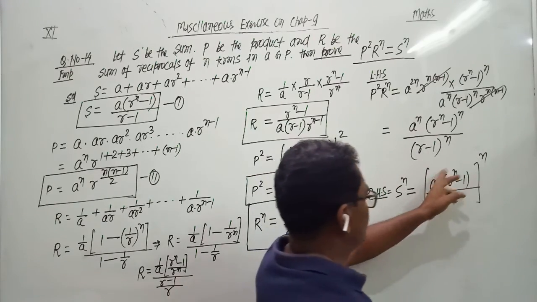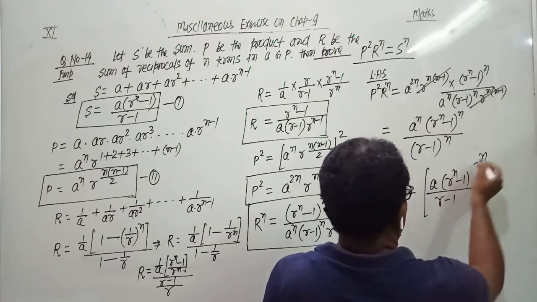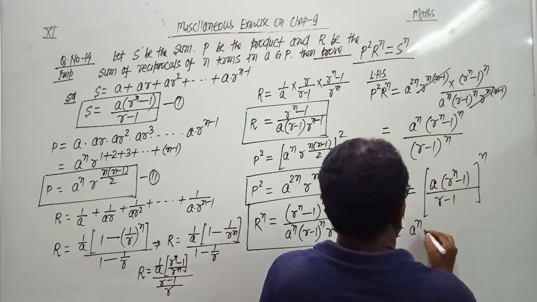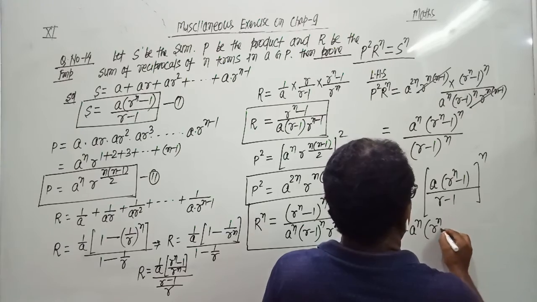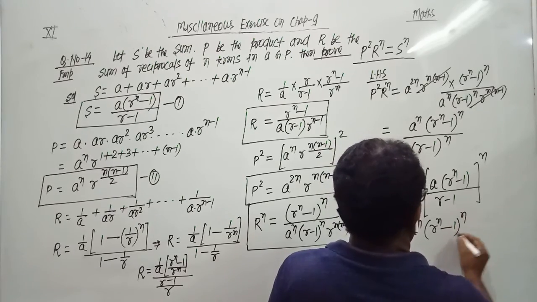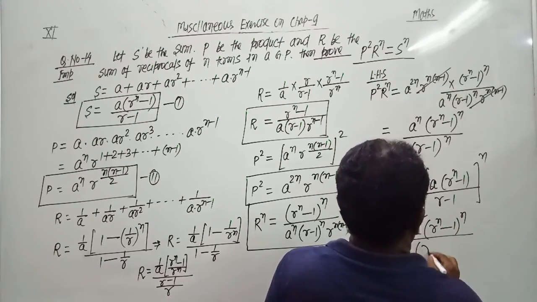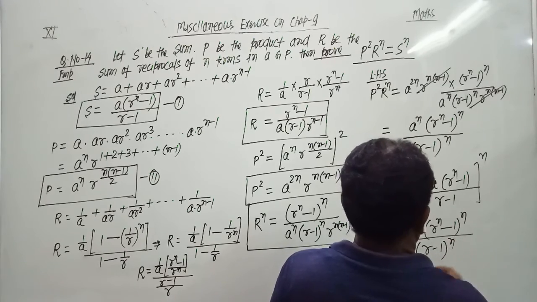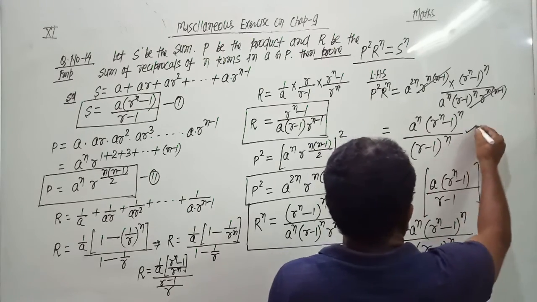So when we put the power n in each of the terms, it becomes a raised to the power n into r raised to the power n minus 1 raised to the power n upon r minus 1 raised to the power n. So this is RHS.